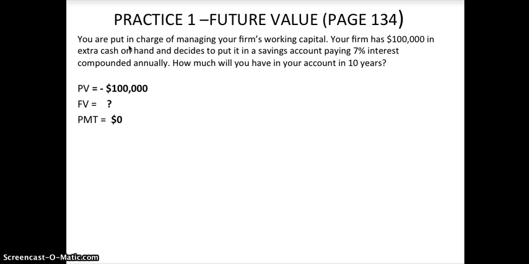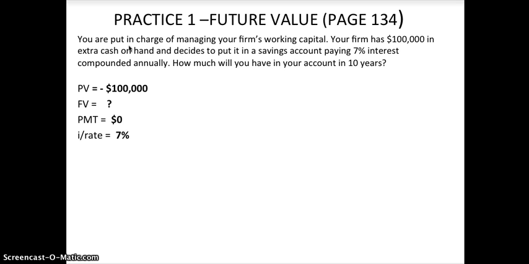Those additional payments are where payments come from. But these problems that we're going through right here aren't going to have payments being factored in. So for now, don't worry about that part, but you will need to know that for the exam.